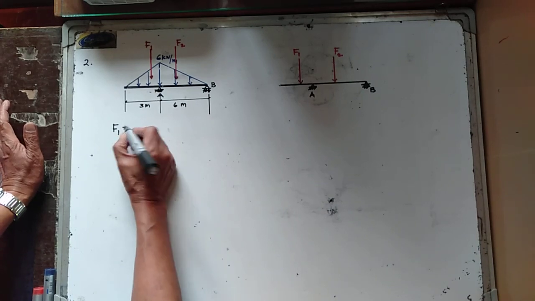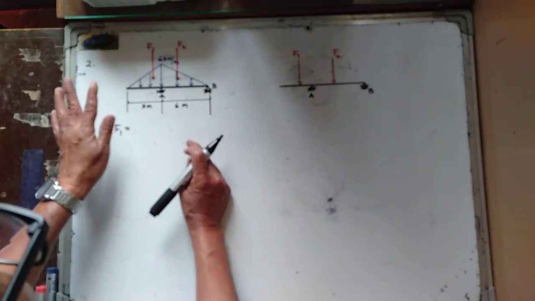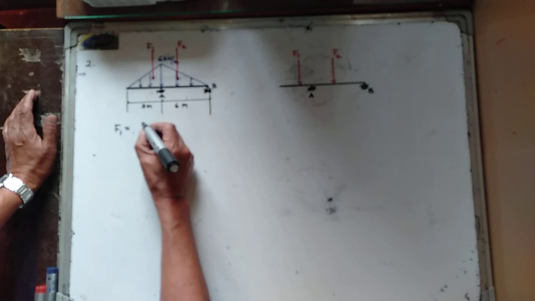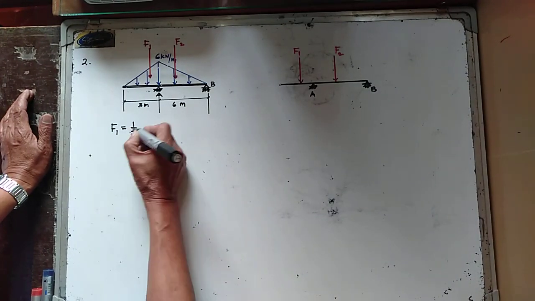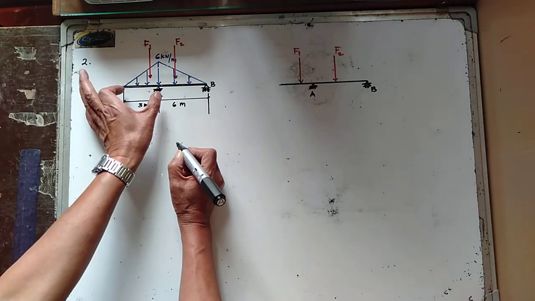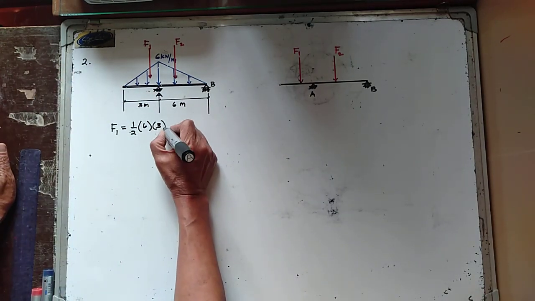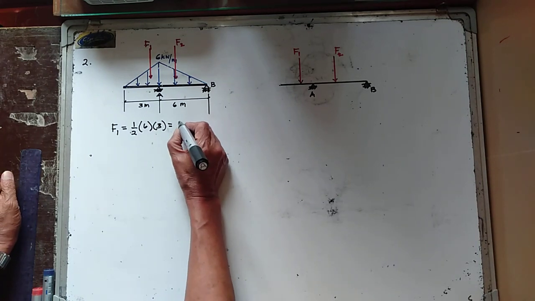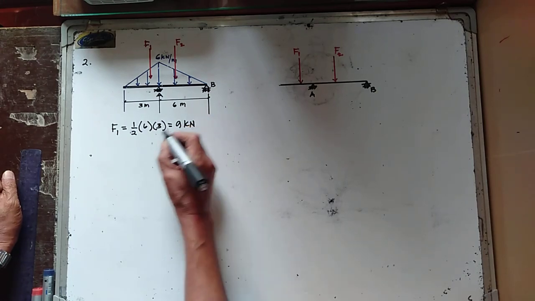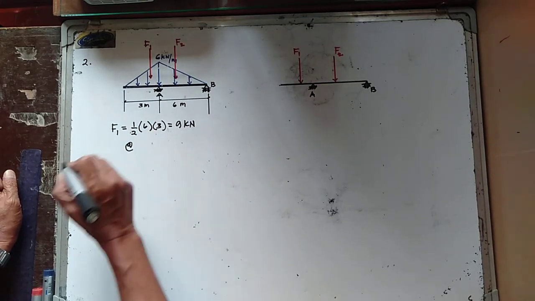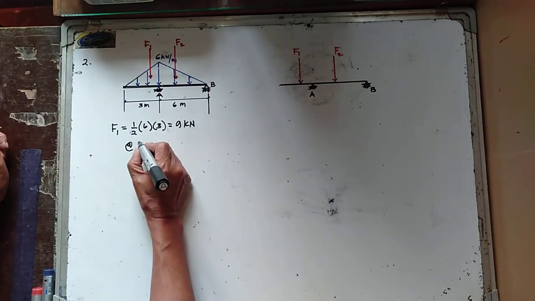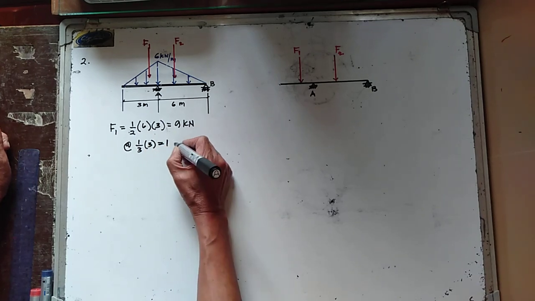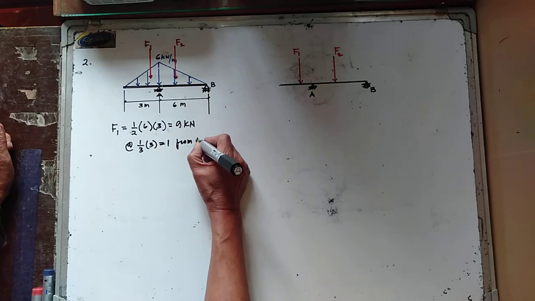F1 is now equal to the area of the distributed loading, or of this triangular loading, and that is equal to 1/2 multiply this one by 6 multiply this one by 3, and this is therefore equal to 9 kilonewtons, and this is acting at, so we have 1/3 of 3, which is equal to 1 meter from A.